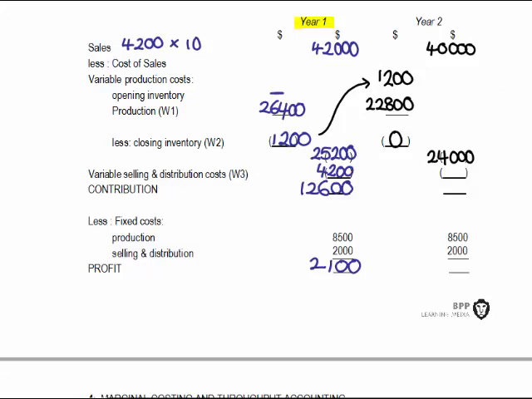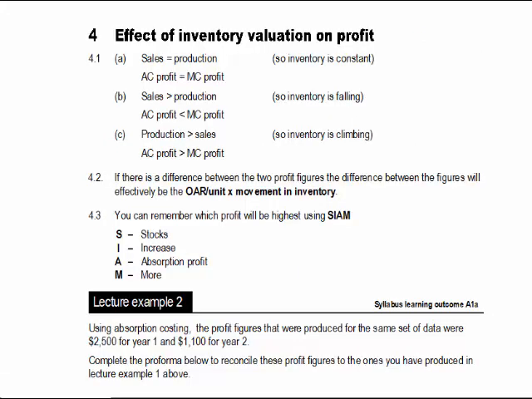If our sales are 4,000, that means that we've got $4,000 as our variable selling cost this time. And that means when we take both of those away from our revenue, we're left with $12,000 contribution. After fixed costs, which are the same as period 1, we end up with $1,500 in terms of profit. In the next section, we're going to have a look at the effect of inventory valuation on profit.